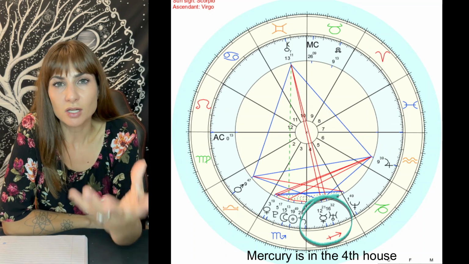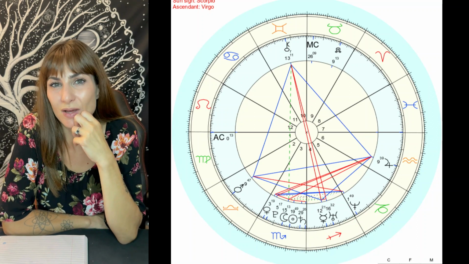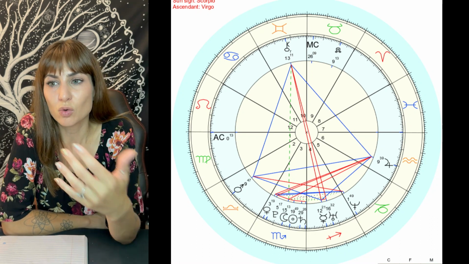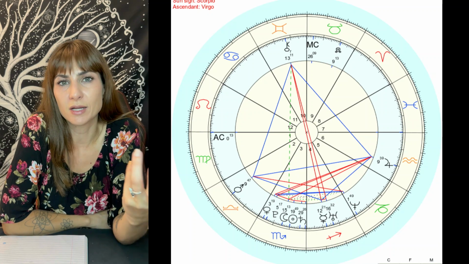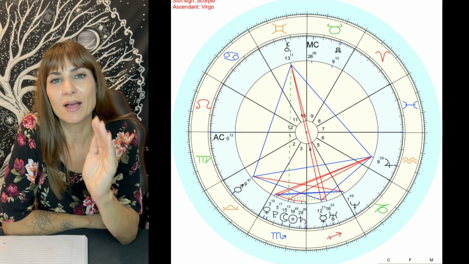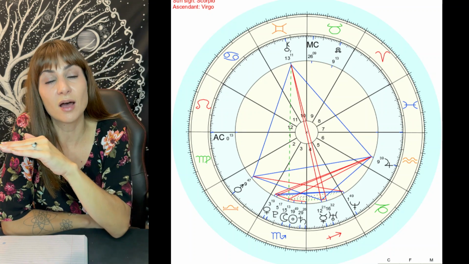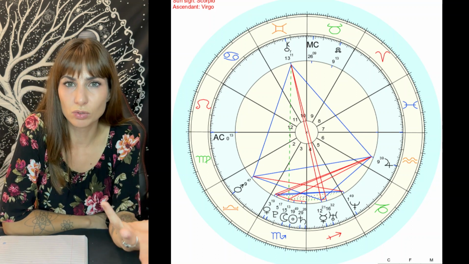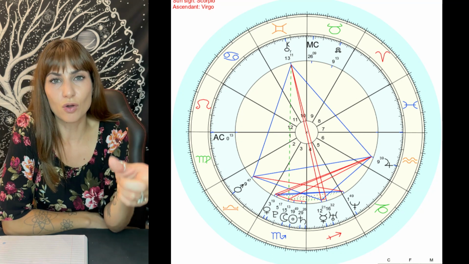The other thing is we talked a little bit about empty houses, and when you have an empty house and you want to understand what the chart is saying about that house, you look at the sign that is on the cusp of that house, and then you say, what's the ruler of that sign? And you go find that planet. That ruling planet is going to be in charge of it.